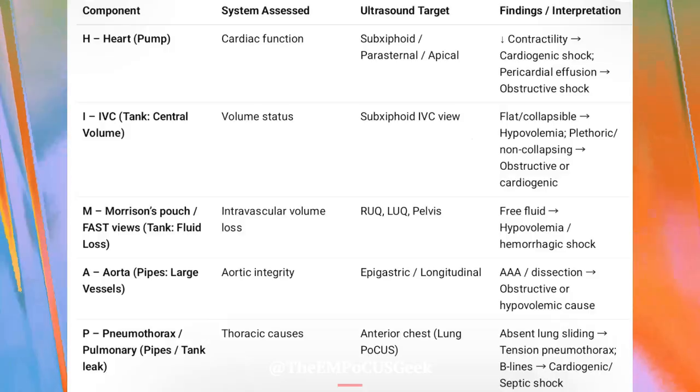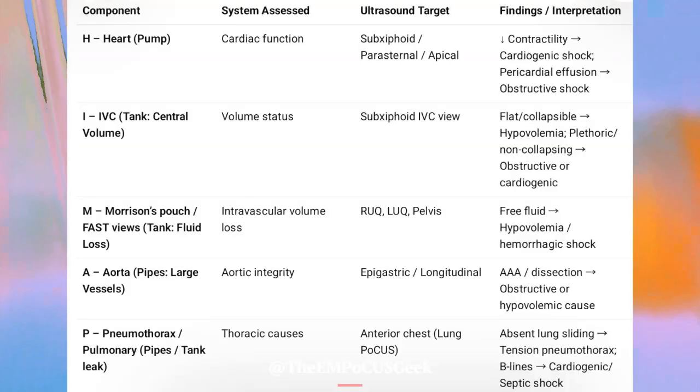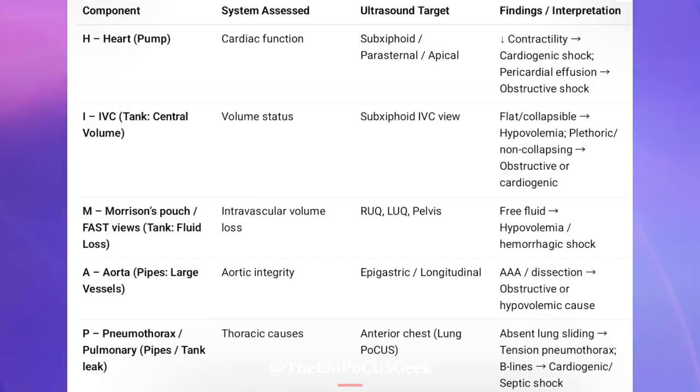This table summarizes the components of HIMAP, the systems assessed, and where we place our probe or the window, and finally the findings or the interpretation of each of those views. So where do we assess the heart?